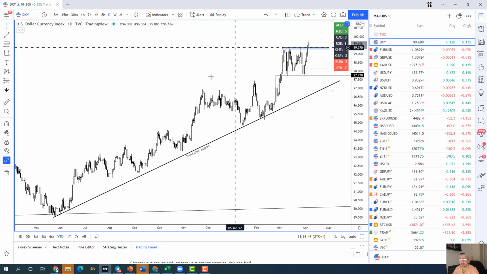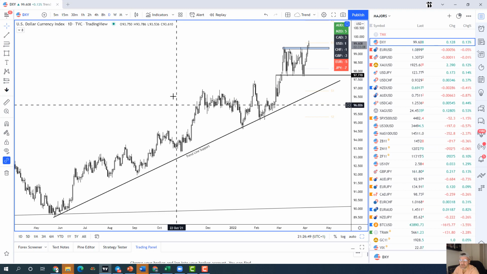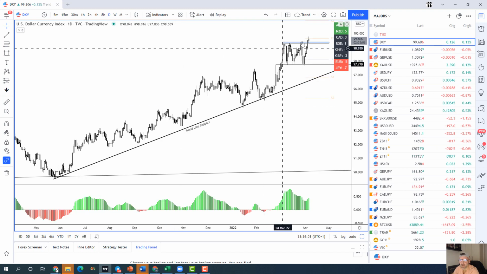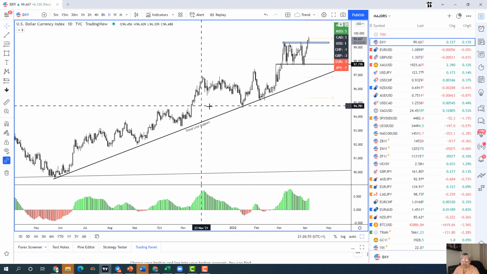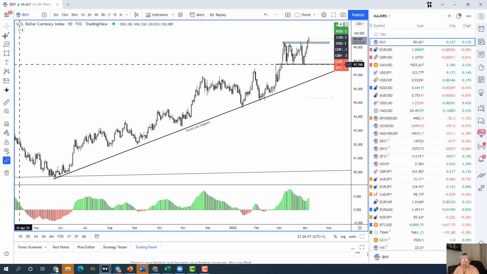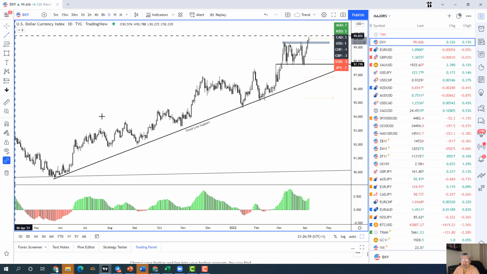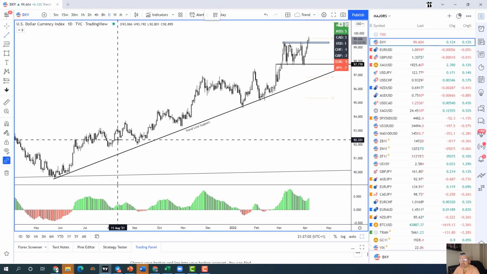What have we seen so far? Well, something to look out for. Yes, we've broken out of these highs. But if we just take a look at a simple little indicator here, which is your MACD, just looking at the histogram. The histogram is the difference between the moving averages. So as the moving averages separate and the trend gets stronger, the histogram gets longer.